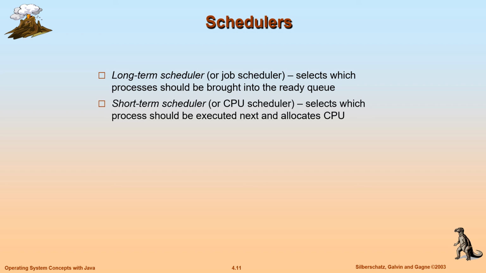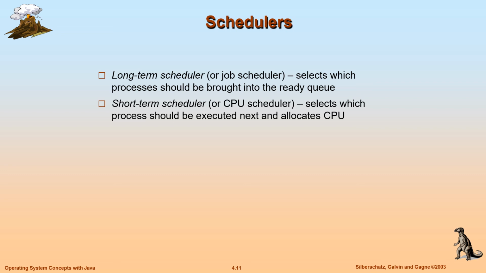So we need to store all these processes in secondary memory. From the secondary memory, the processes are ready to execute. Bringing a process from the secondary memory to the main memory is done by the long-term scheduler.